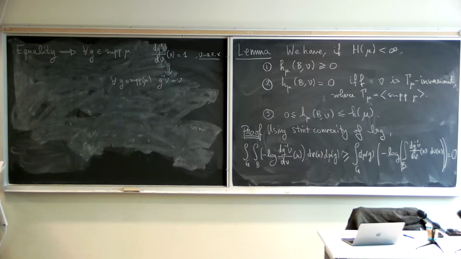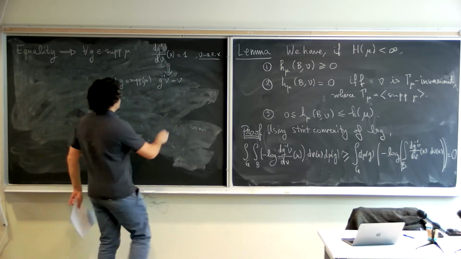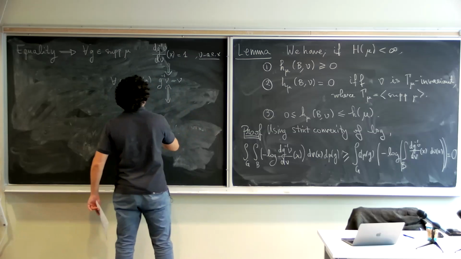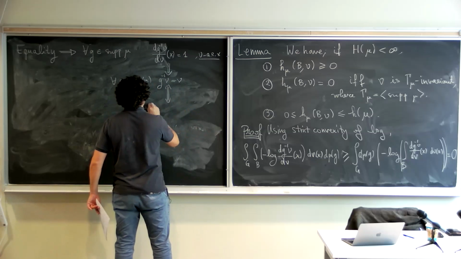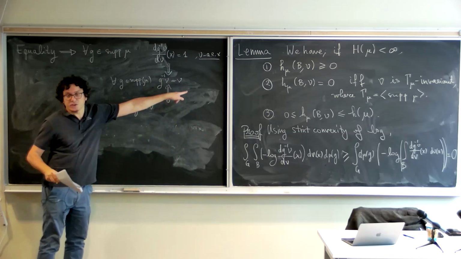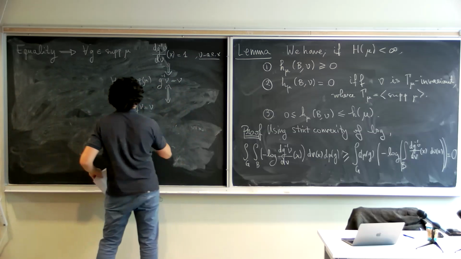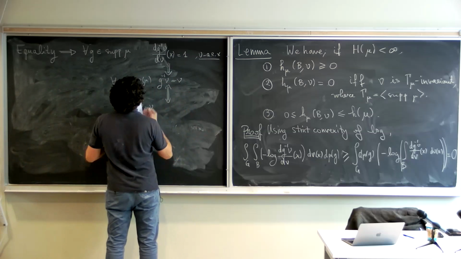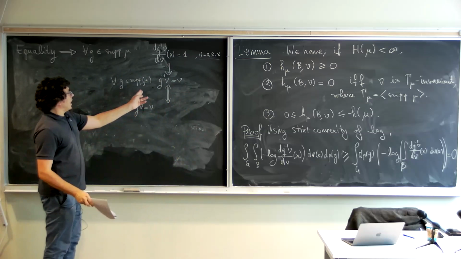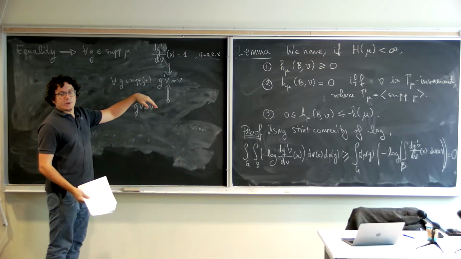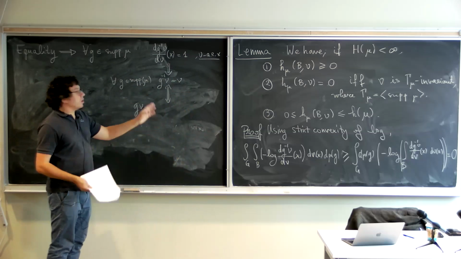And then, okay, this G generates gamma mu by definition. So this is equivalent to saying that G nu equals mu. Yeah, we can bring the G inverse to the other side. The action of G is by measurable isomorphism, invertible measurable maps.